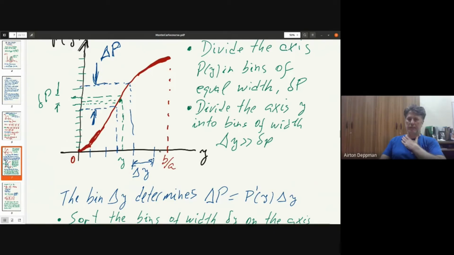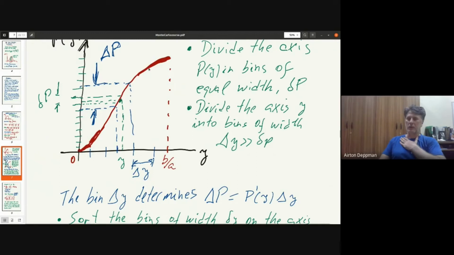So if we sort this bin, for instance, the derivative is small, so the range delta p corresponding to this bin will be smaller, and the number of events that will fall in this range, and therefore in the corresponding range y, will be smaller than here.